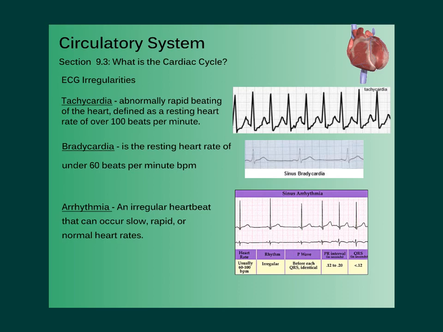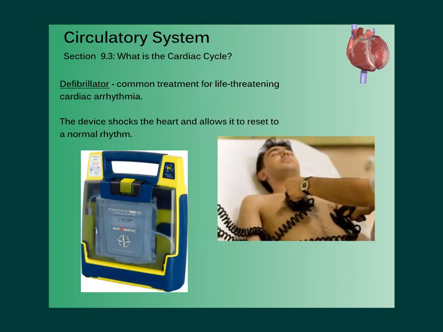So anytime you see the heartbeat slow up, get rapid, or deviate from the normal, as you can see here, there are definitely some irregularities in there. The height of the QRS complex, as well as the P wave, that's definitely an issue as well. So these are just some irregularities that we're looking at.